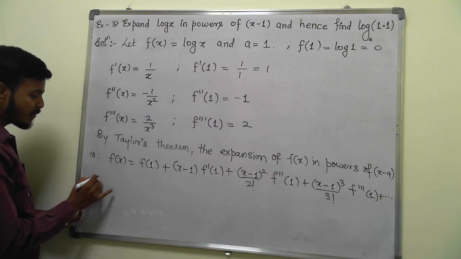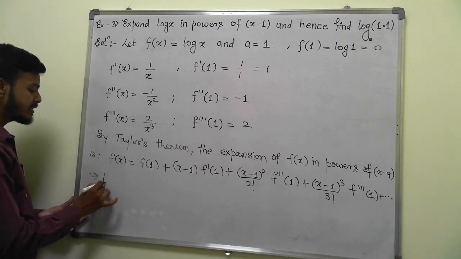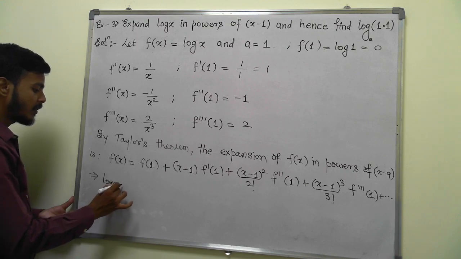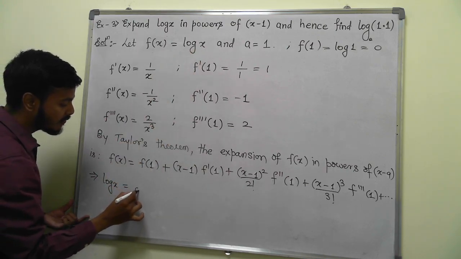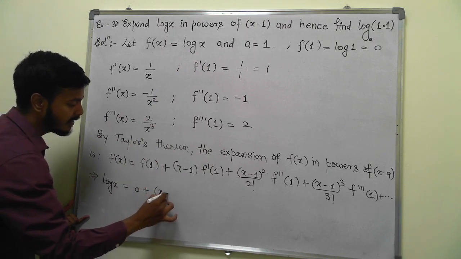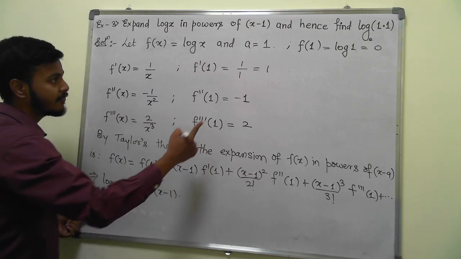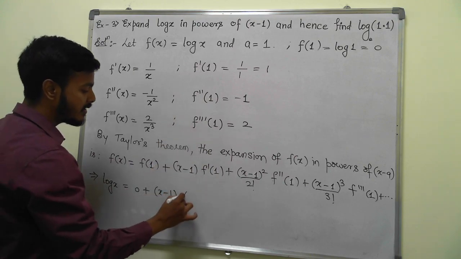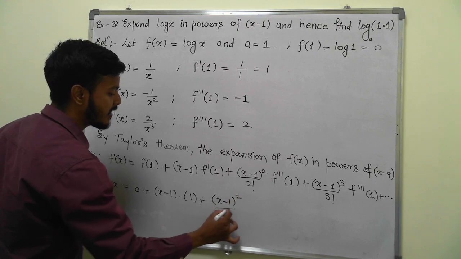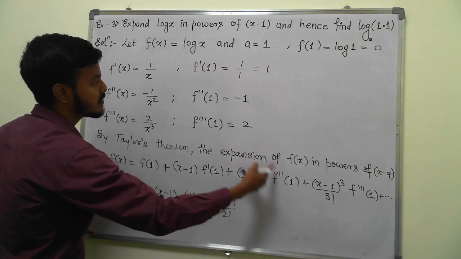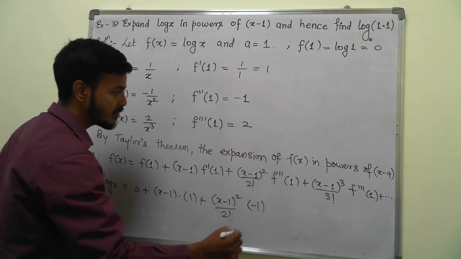Now you have all these values, so substitute. Log x is equal to f of 1. f of 1 is log 1, that's 0. Plus x minus 1 times f dash of 1, which is 1. Plus x minus 1 square by factorial 2 times f double dash of 1, that's minus 1.